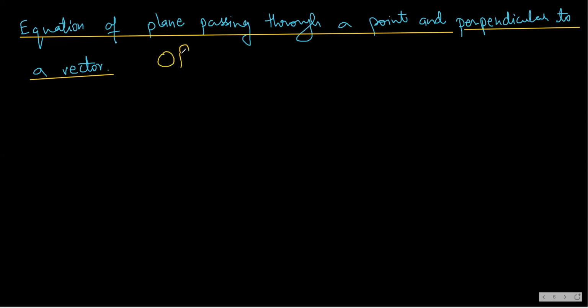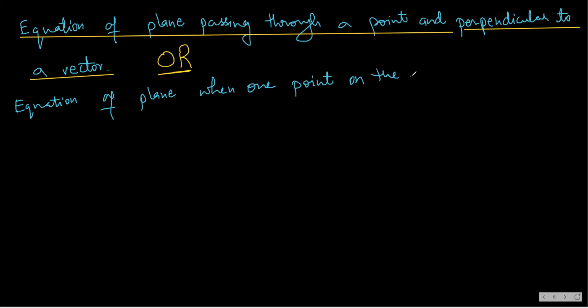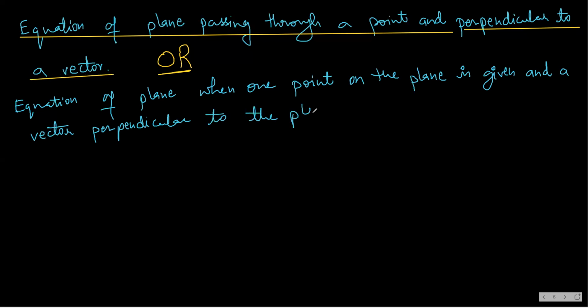Or the same statement could also have been written as: equation of plane when one point on the plane is given and a vector perpendicular to the plane is given. Okay, so please write the heading.